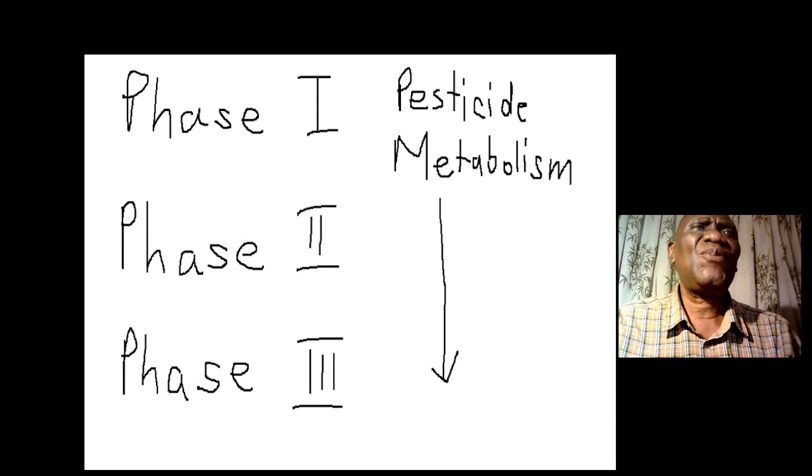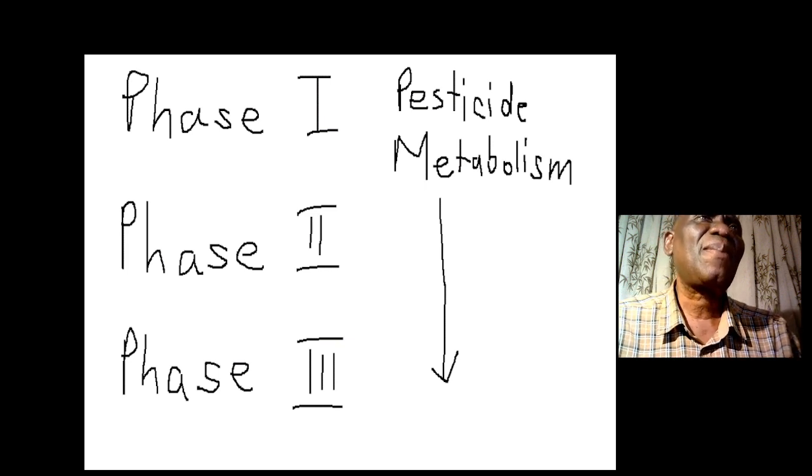Basically, when a pesticide enters a living organism, it undergoes 3 phases of breaking down with respect to the plant. But in the animals or insects, we may have 2 phases, phase 1 and phase 2 of the pesticide metabolism.